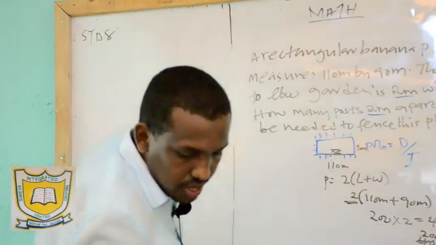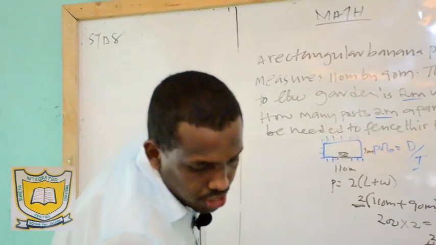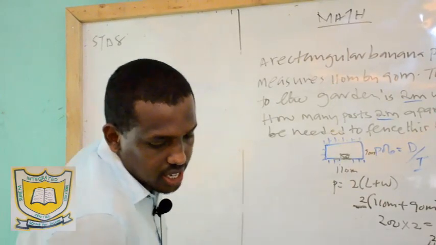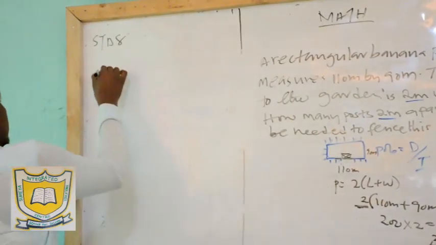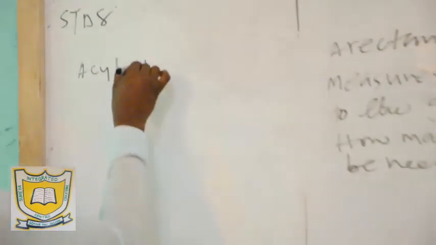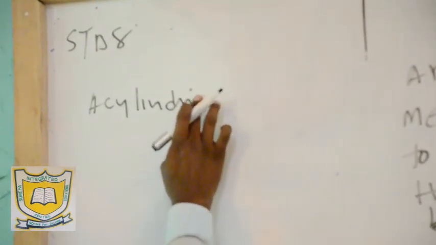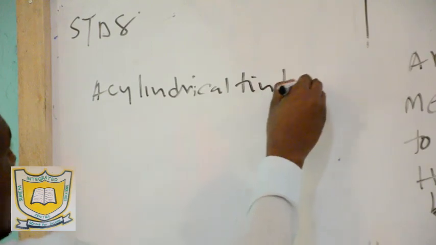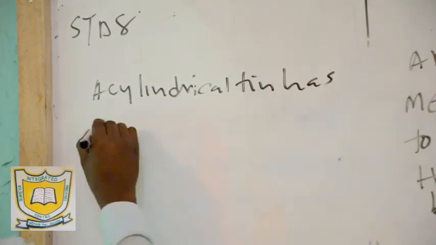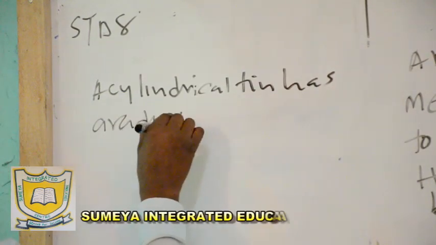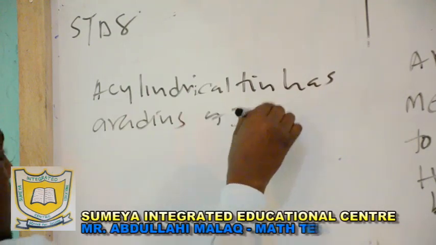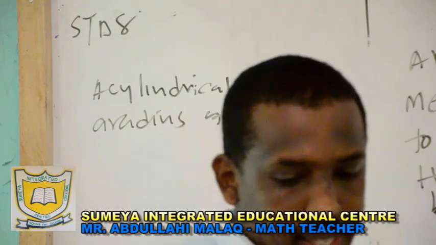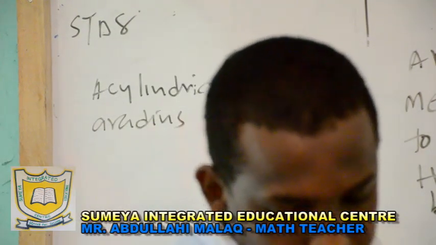You are told a cylindrical tin has a radius of 3 centimeters.